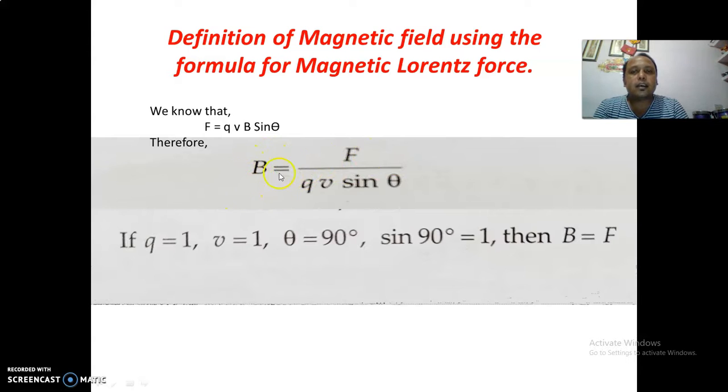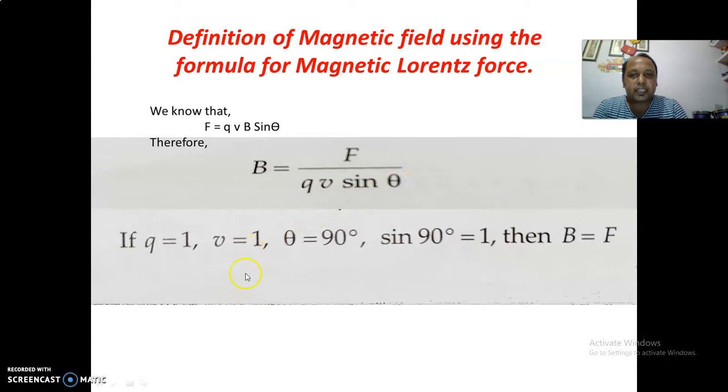Magnetic field strength has a unit of Tesla, which we are going to discuss, while the SI unit of force is Newton. So they have different units, but numerically B, the magnetic field, will be equal to F, the force, when Q and V are unity and theta is 90 degrees.